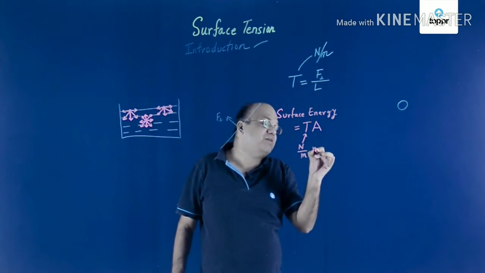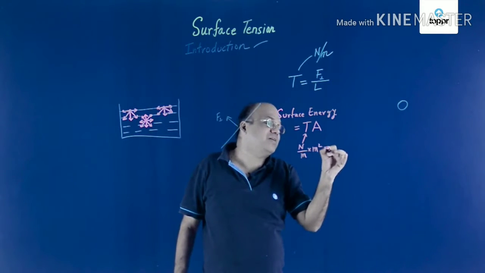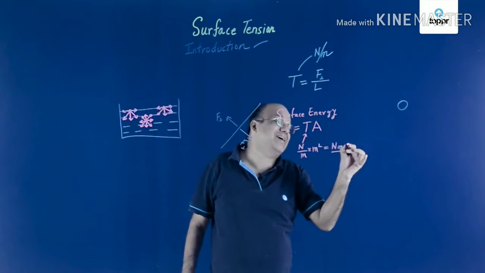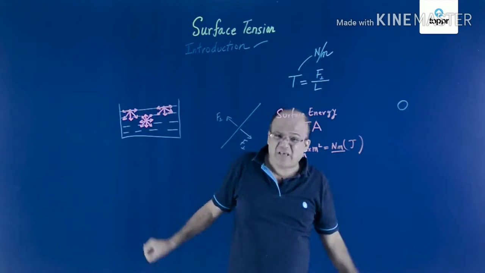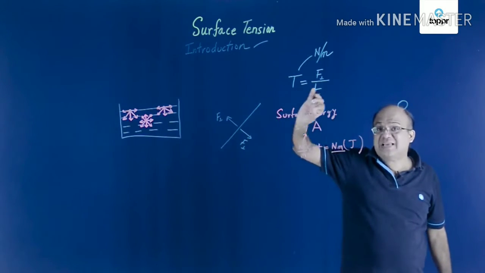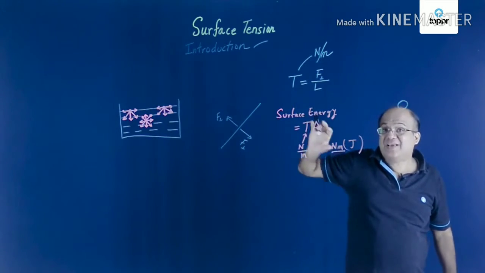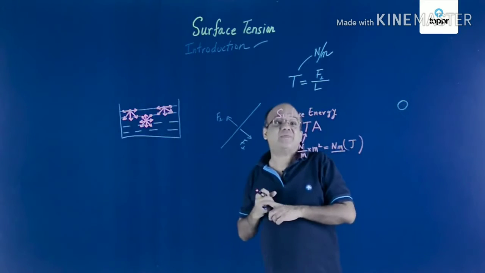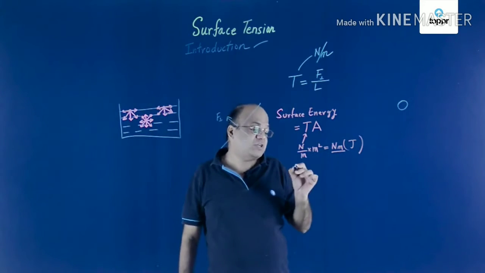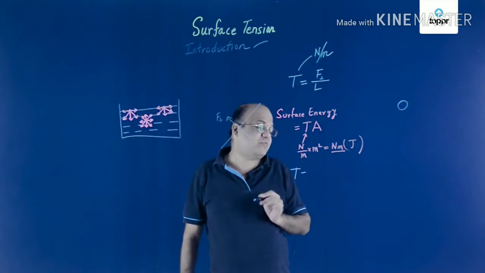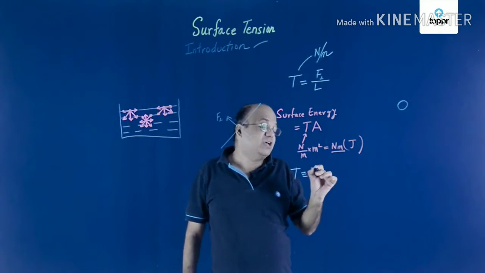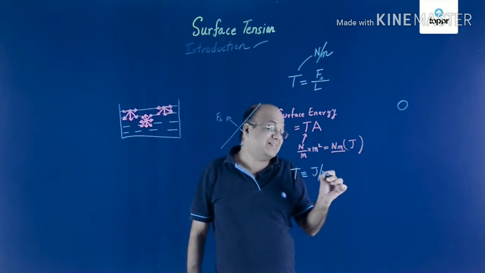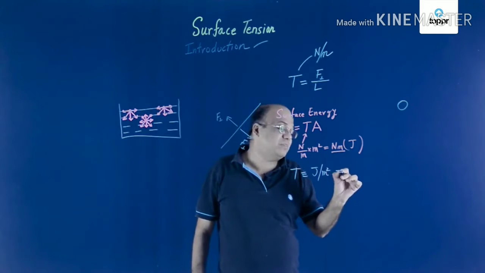You multiply by meter square, you get Newton meter, which is energy, right? Joules. So, therefore, surface tension into area gives us surface energy, and we can have an alternative unit of surface tension. If you want to write in terms of energy, the unit will be joule per meter square, and that is same as Newton per meter.